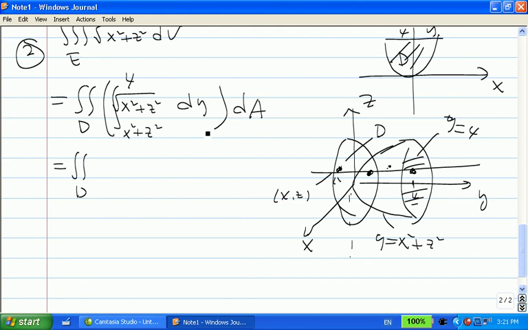Now let's integrate the inside one. The inside one is about y, so you treat xz as a constant. Therefore, you get square root of x squared plus z squared, times y, evaluated at 4 and x squared plus z squared, then dA.